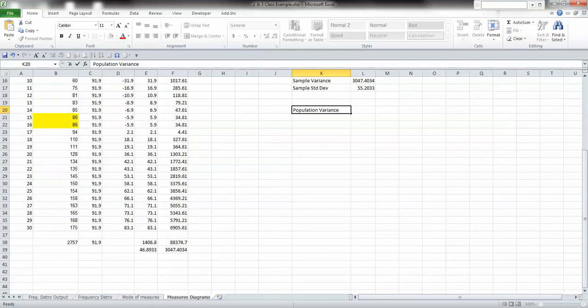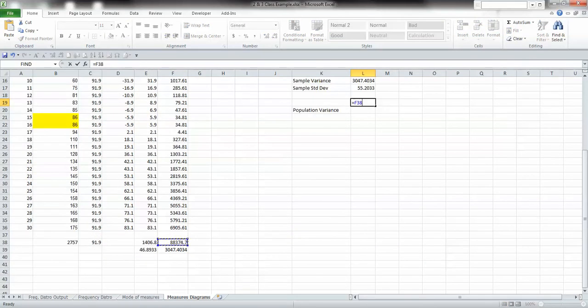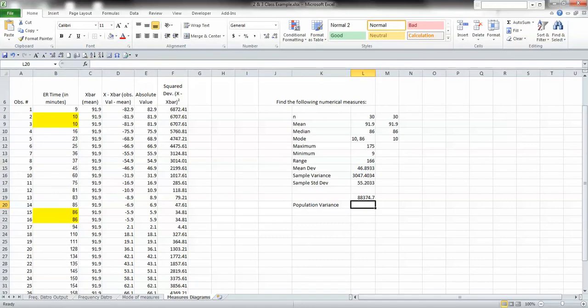So let's copy our total again over here, our sum, right above here, just so we have a reference of what we're looking at, make it a little bit clearer. Now the difference is, for the population variance, we just take that sum and divide it by our n, which is 30.